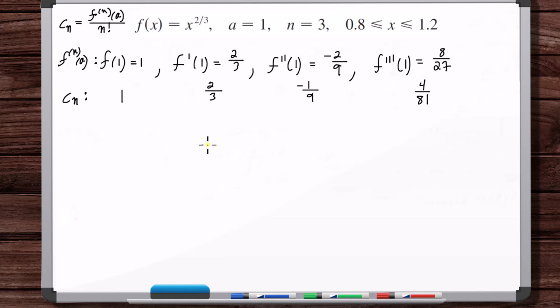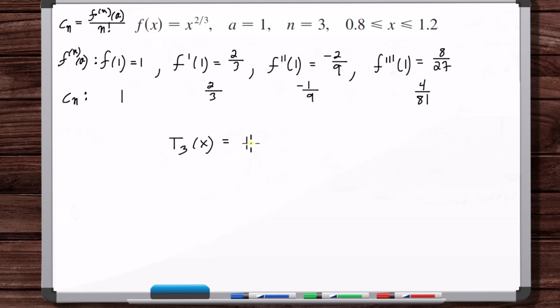Okay, so now we've got the coefficients for the first four terms of the Taylor polynomial, but this is still T sub 3, not T sub 4. Why is that? Because we're going to be going up to (x minus 1) cubed.